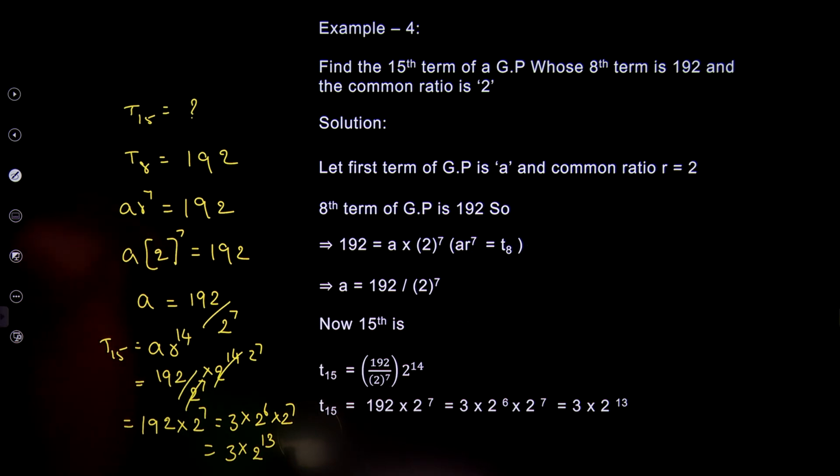After finding the a value, we substitute a and r in the T15th term, a r power 14. After solving, we get T15 equal to 3 into 2 power 13. That is the answer.